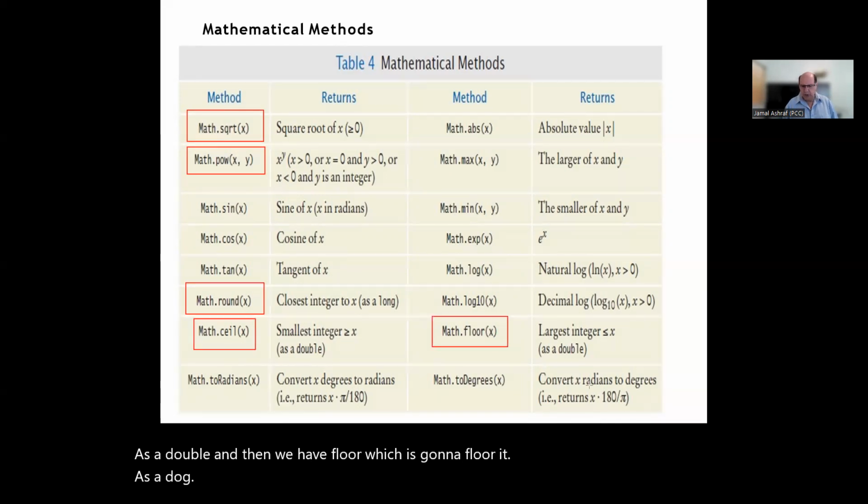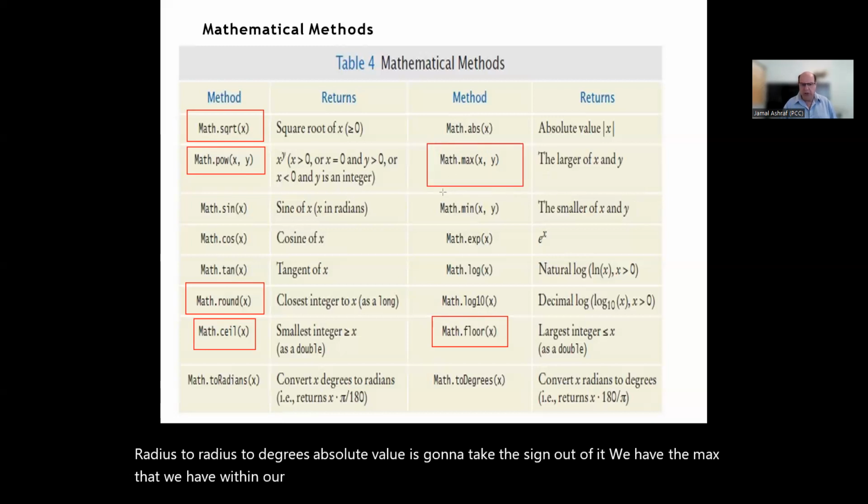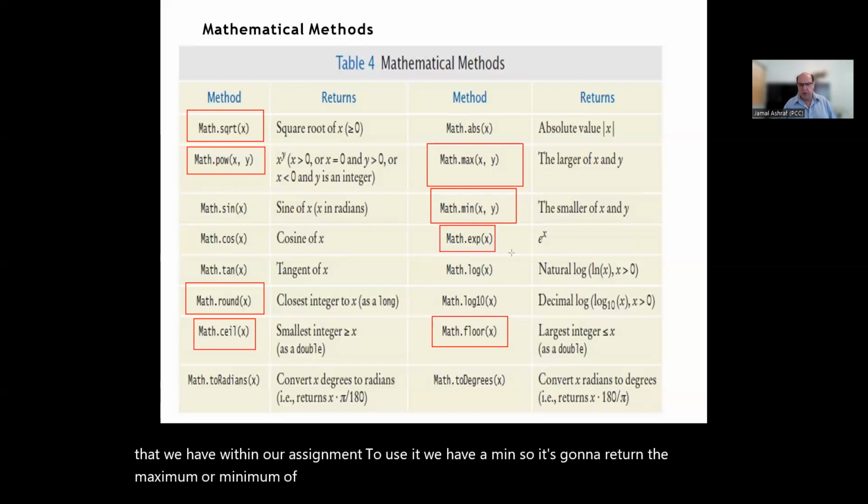Then toRadians and toDegrees, and absolute value is going to take the sign out of it. We have max, which we have in our assignment to use, and min, so it returns the maximum or minimum of those. We have exp in there if we need to do e to the power of something. And we have the logs that we are not going to use in this class.